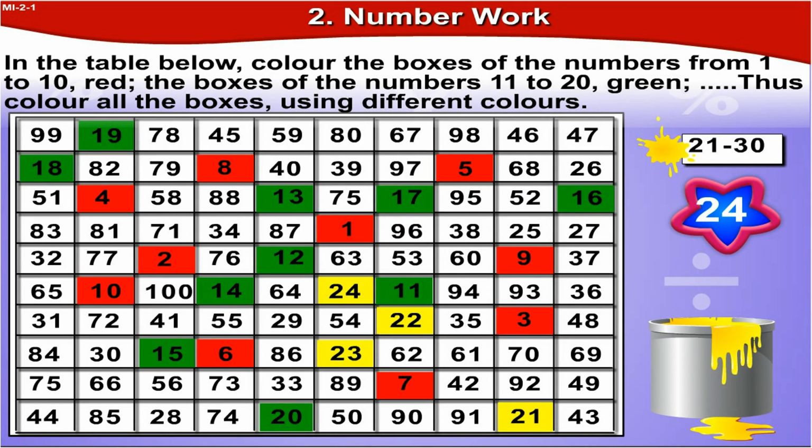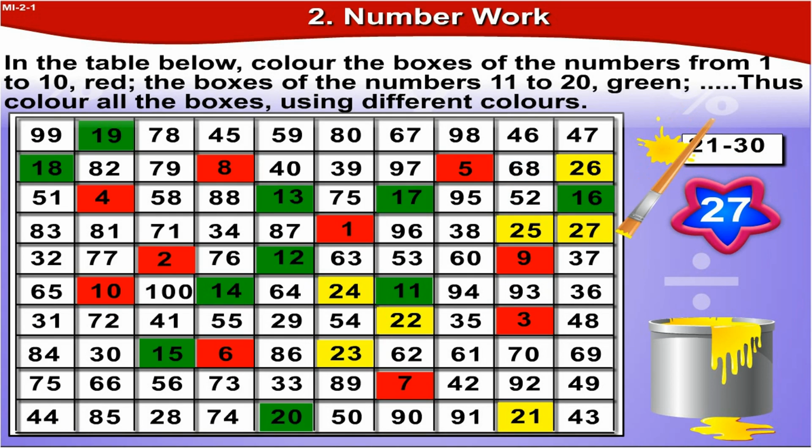Now, let us locate number 25. Here it is. Let us color it yellow. Now, number 26. Can you find number 26? You are a genius, that's right. Now color the box yellow. Can you find number 27? That's right.